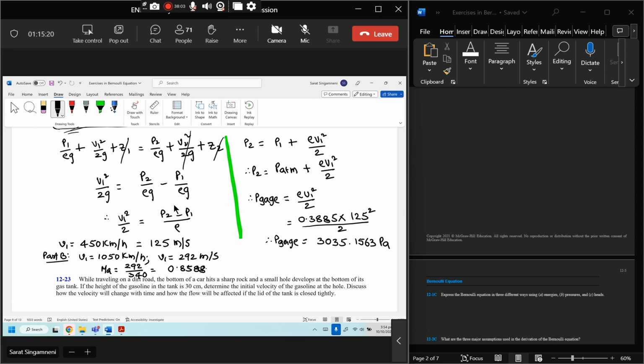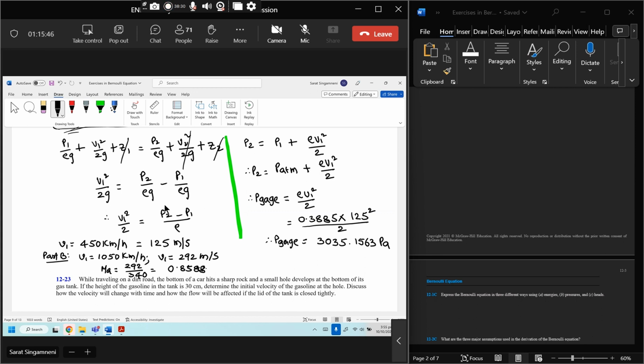Yes, it should ring a bell, because one of the limitations of the Bernoulli equation we discussed was, in the case of gases, it can only be applied when the Mach number is below 0.3, because they become compressible beyond a Mach number of 0.3.